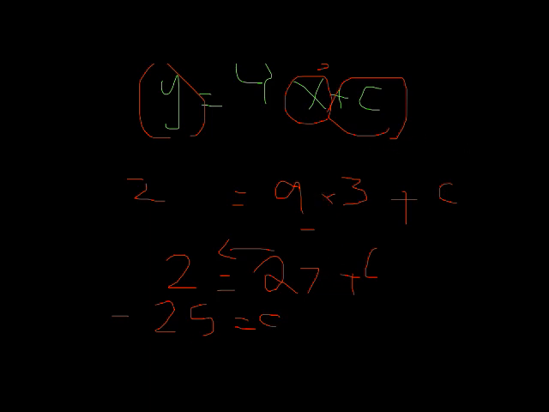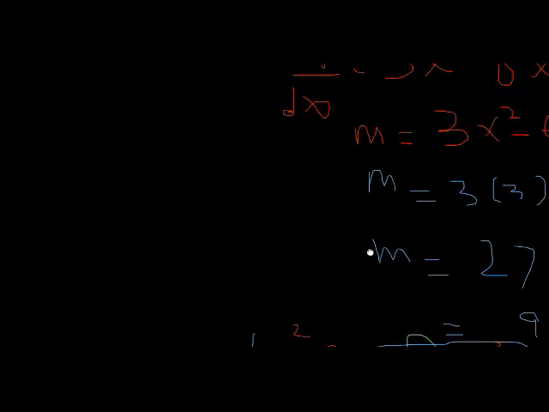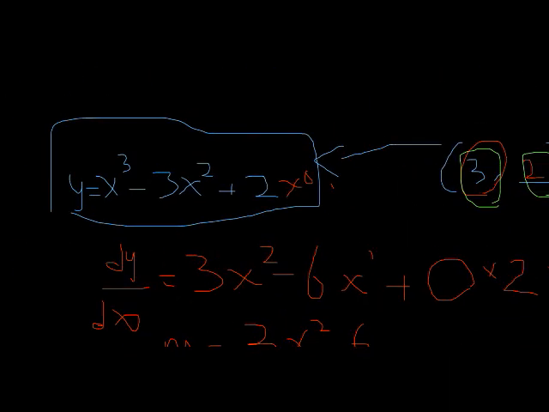Therefore the equation should be y is equal to 9x, and we have found c, which is minus 25. So let's put minus 25 rather than plus c. That's it, we are done here. y is equal to 9x minus 25. That's the equation of the tangent to the curve with this equation.